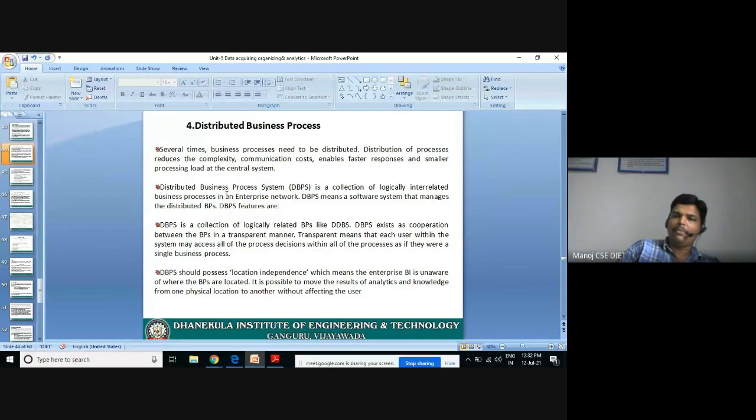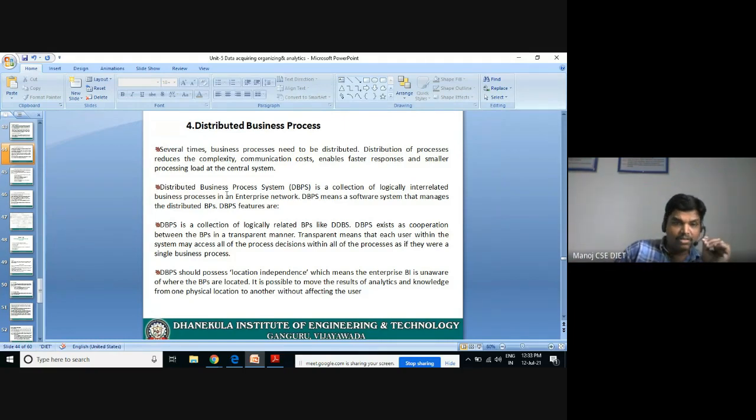With the help of this transparency, one can access all the processes, one can make decisions regarding the business process, and one can use the resources, and it can be visualized as a single business process. If multiple processes exist, we can project them as a single process. Why? Because we can access every process among these multiple processes, we can access everything under this system.